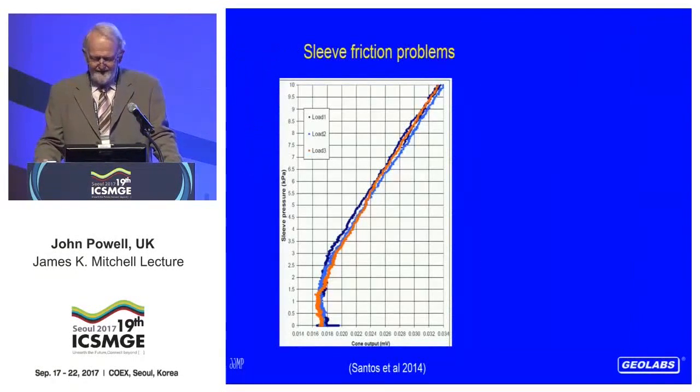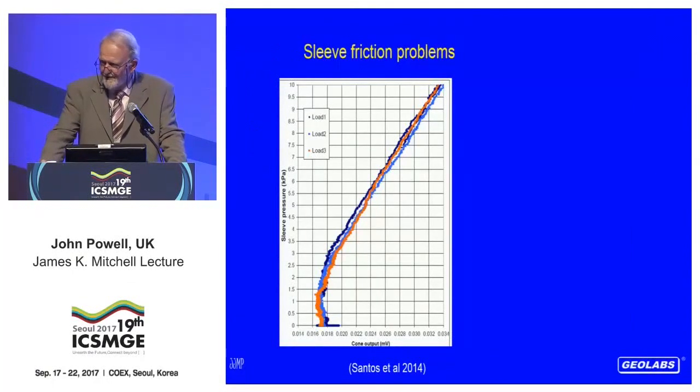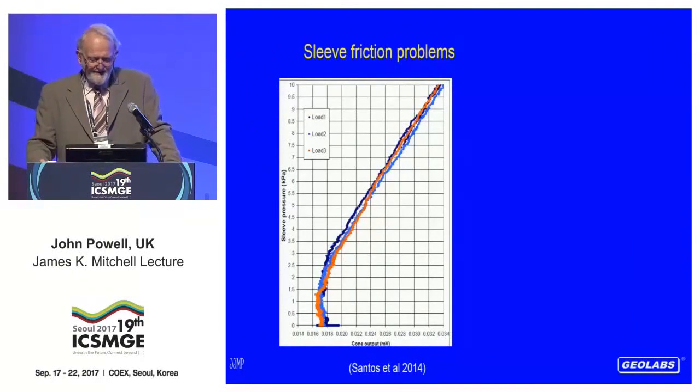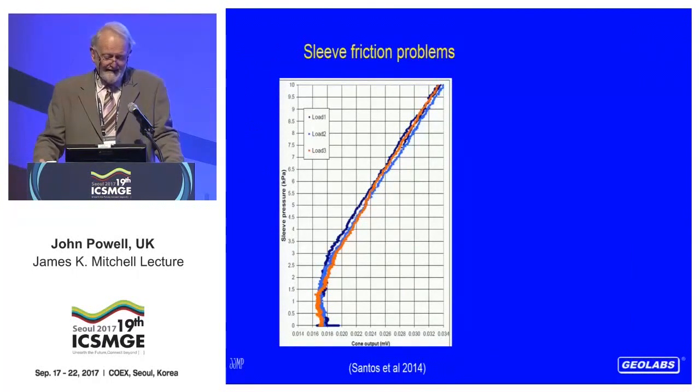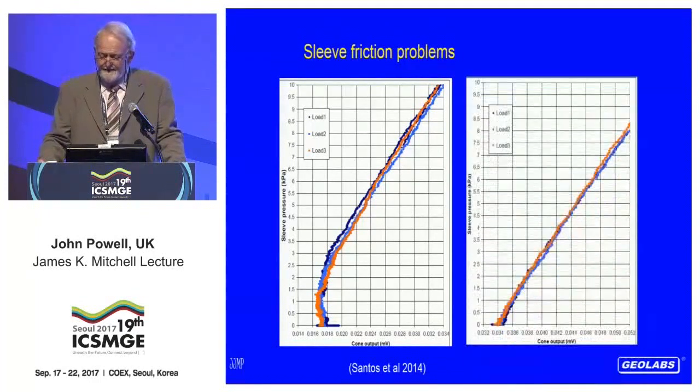I shall talk about some problems with friction sleeves. This is a calibration for the load cell for a friction sleeve from a cone, and you can see it's far from linear. This was only found because people were getting zero readings at very low loads. So a modification had to be done to this cone, and when the modification was done, that's the calibration that it then achieved.